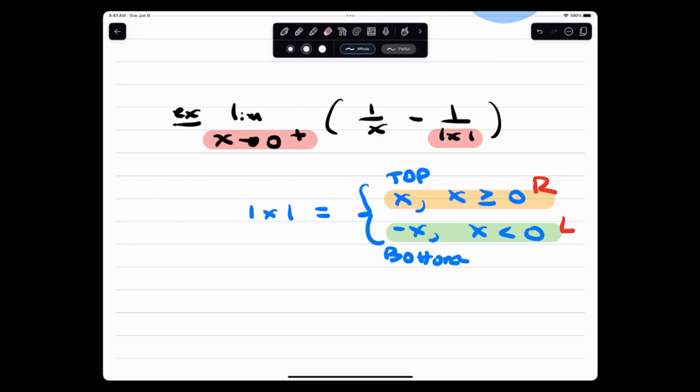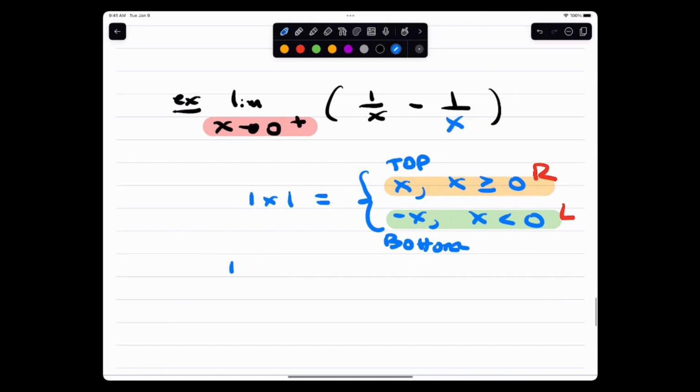So you're going to replace the absolute value of x with just x. So your limit question is going to be the limit of what? What's 1 over x minus 1 over x? You guys know what that is? Isn't that 0? All right.